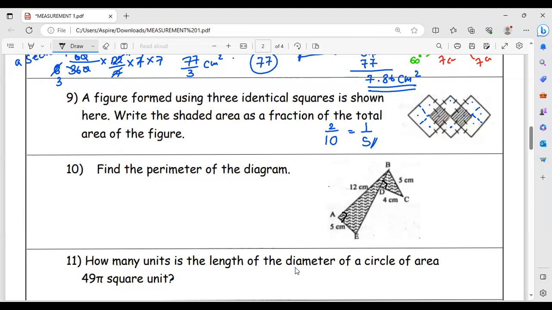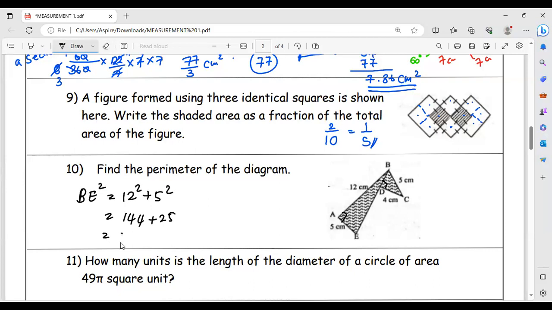Now what you have to do is apply the Pythagorean theorem. Then we can find BE. BE squared equals 12 squared plus 5 squared. That means 144 add 25.